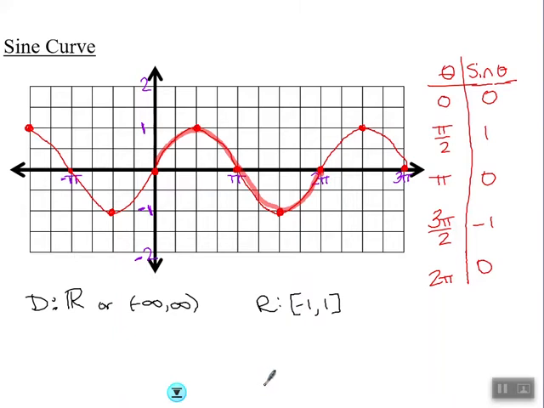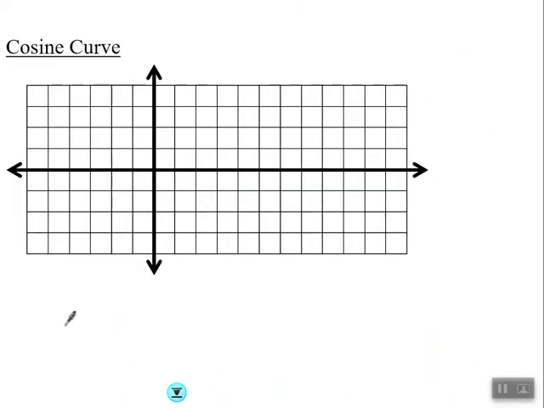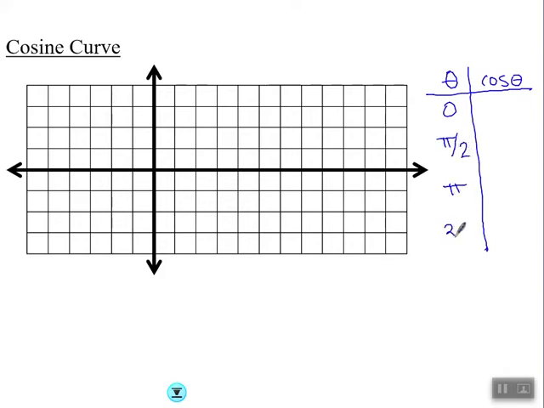Let's go on to the cosine function. For the cosine curve, we're going to do a similar process. We're going to look at our chart first for the angle and the cosine values of those angles. So let's look at 0, pi over 2, pi, 3 pi over 2, and 2 pi.